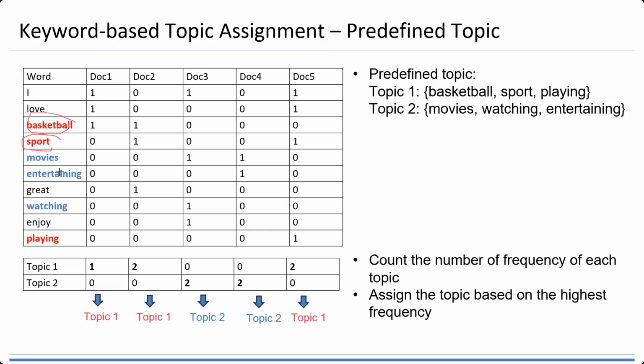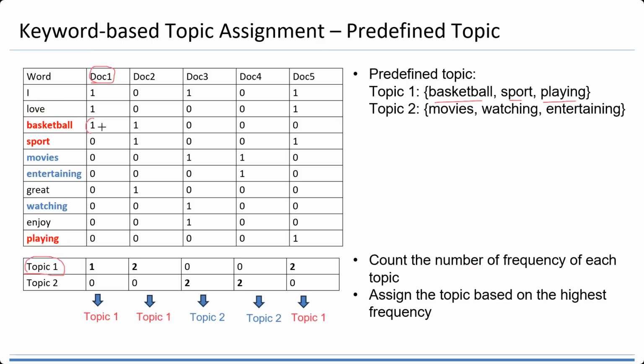So we have this particular predefined topic and then we can count the frequency of each topic. Now, in document one, how many keywords are related to basketball, sport, and play?